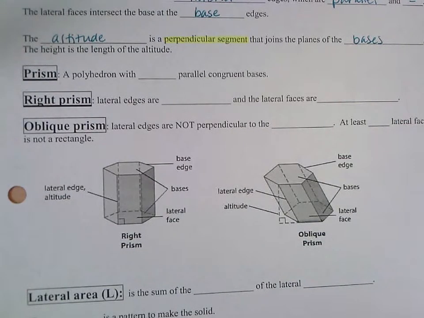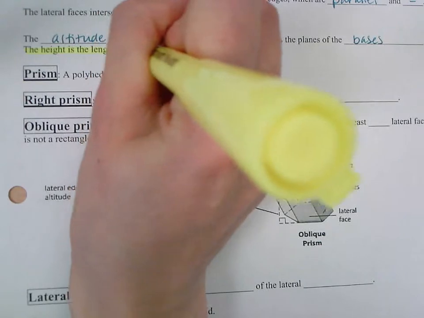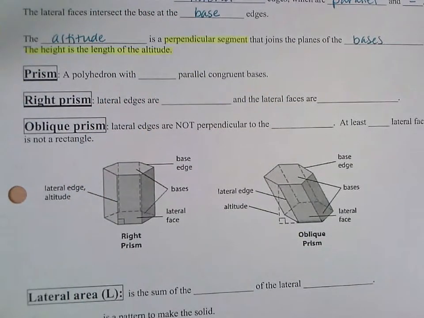And then, therefore, the height of a prism is the length of the altitude. So when we talk about height, that's going to be key. Also, we talked about height with all of our area formulas in chapter 11. The height has to be the length of the altitude, meaning it has to be a perpendicular segment. If it's not perpendicular, it's not the height.